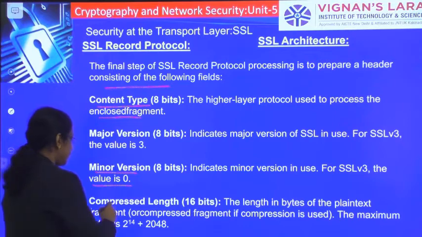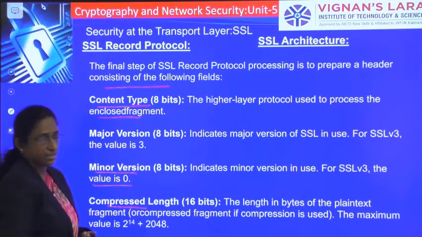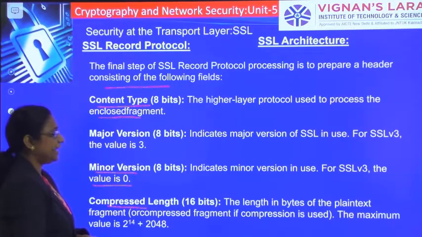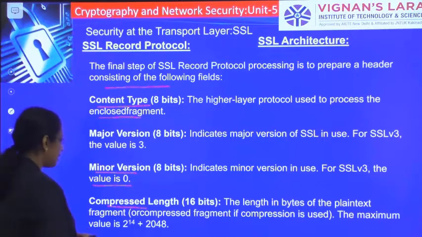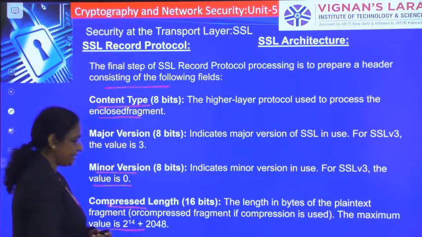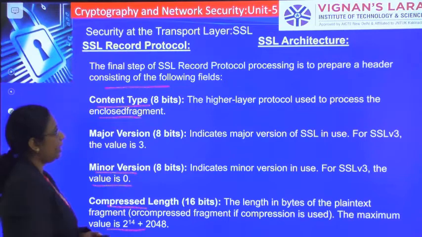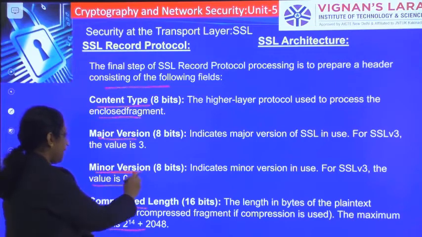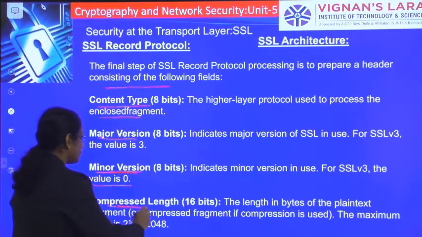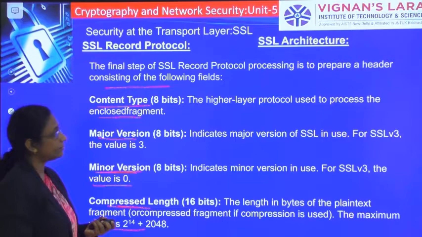Similarly, compressed length is of 16 bits. It is the length in bytes of the plain text fragment, or compressed fragment if compression is used. The maximum value is 2^14 plus 2048. So these are the header fields: content type, major version, minor version, and compressed length.